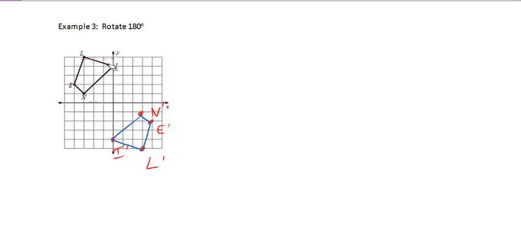But again, the orientation can come in handy here. So if I look at the rotation, we can see again that I goes to N, and N goes to E, and E goes to L, that the same thing's happening with our image. So it is indeed a rotation, not a reflection, if that was not clear.